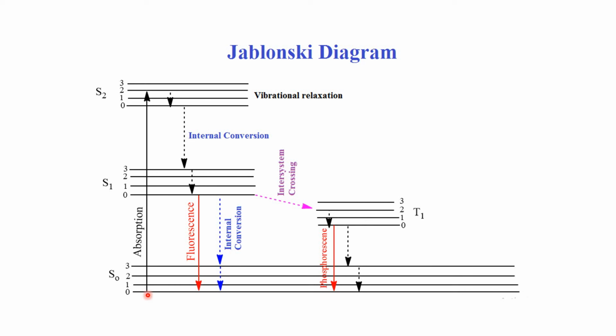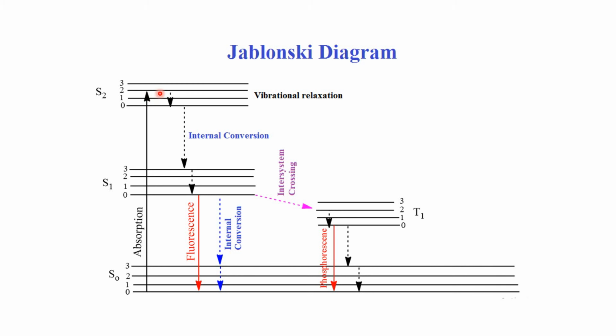Now, suppose after absorbing the radiation, that electron has been promoted from the zero vibrational level of S0, that is singlet ground state, to some higher vibrational level of higher electronic singlet state. So, it has gone to higher vibrational energy level of S2.